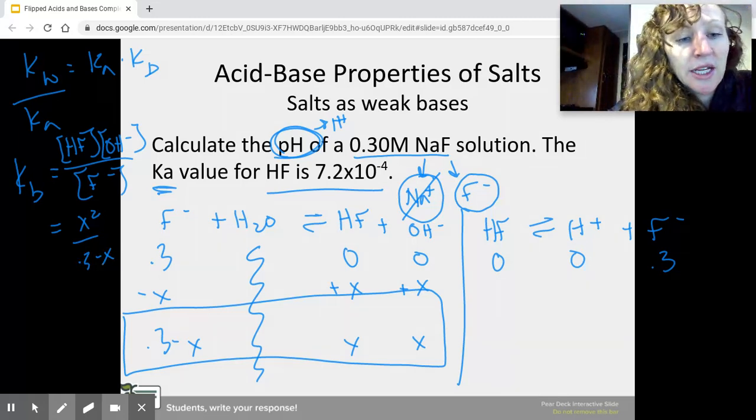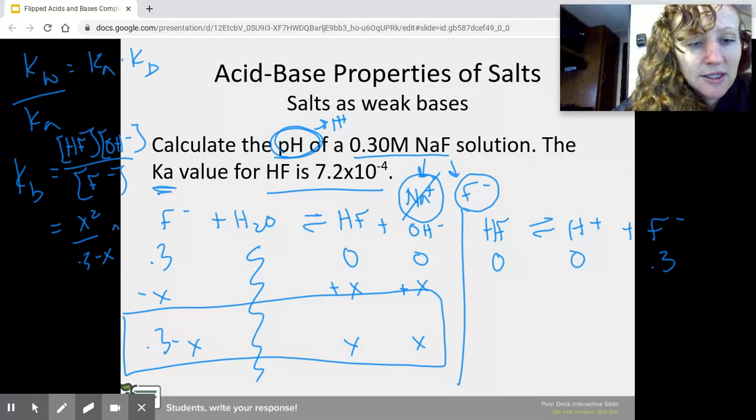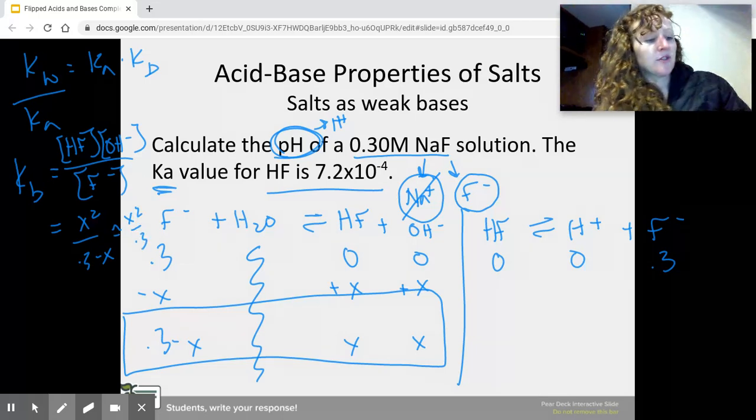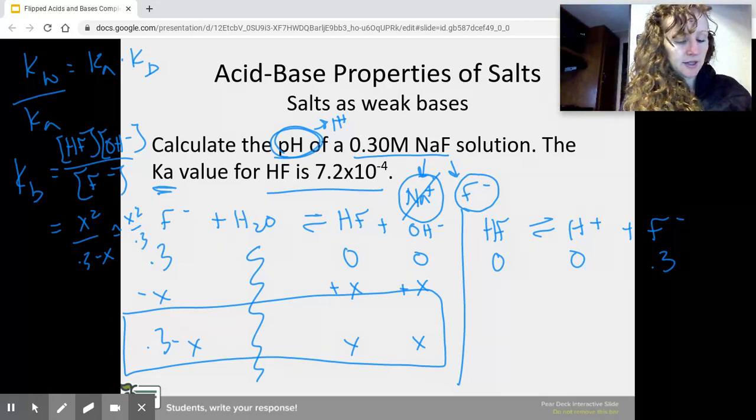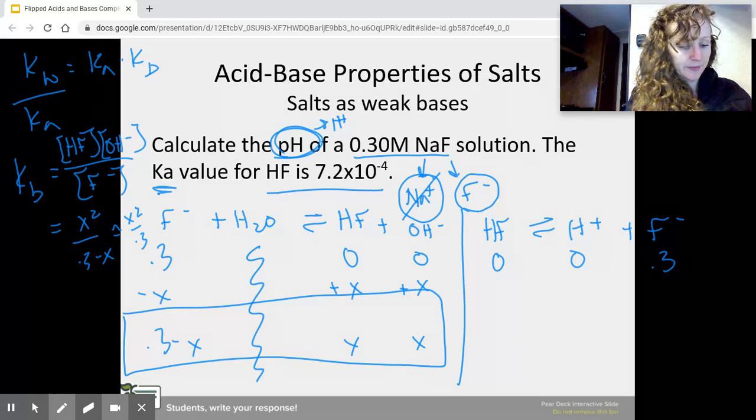I'm going to ignore any x's that are added or subtracted, so I get x squared over 0.3. All right, so let's figure out what these things are. First, let's find what Kb is.